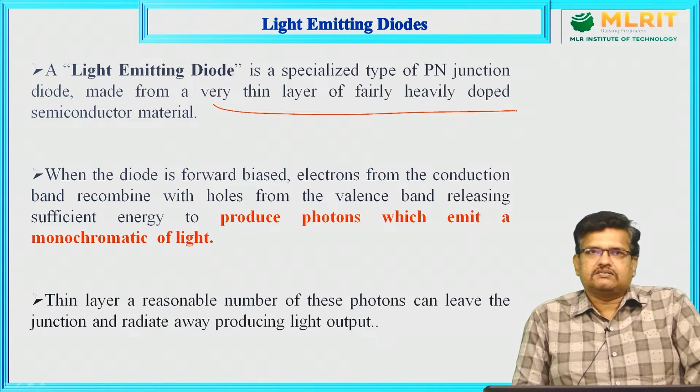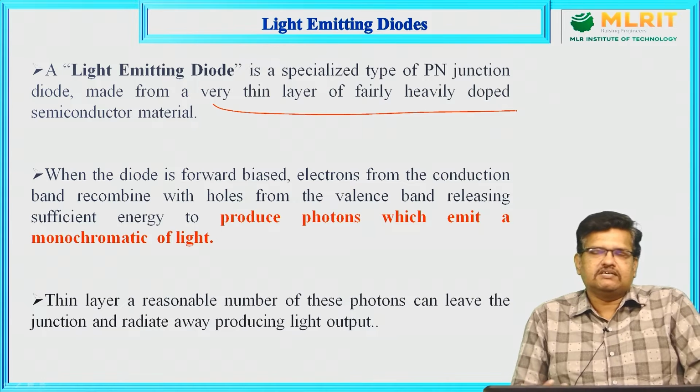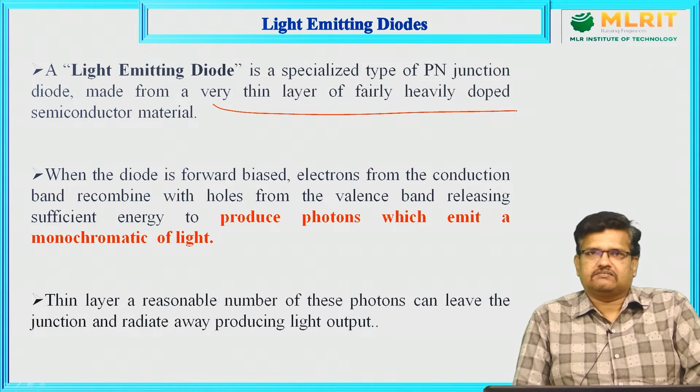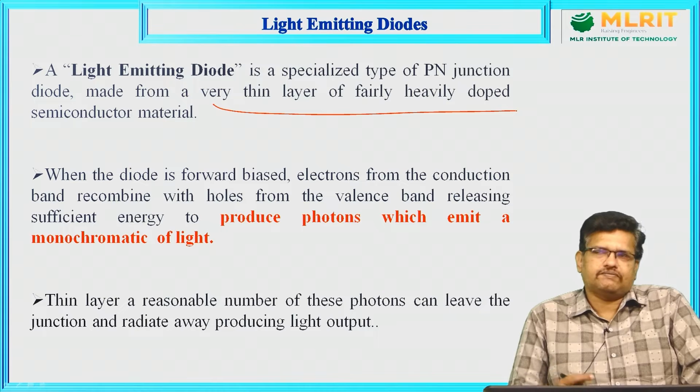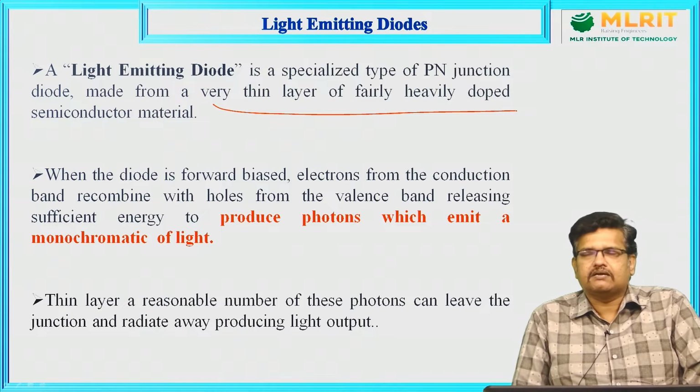Another one: when the diode is in forward bias condition, we know that we have reverse bias and forward bias conditions. When the diode is in forward bias, the electrons from the conduction band will recombine with the holes from the valence band, releasing some energy.